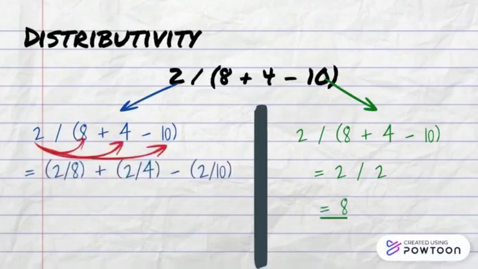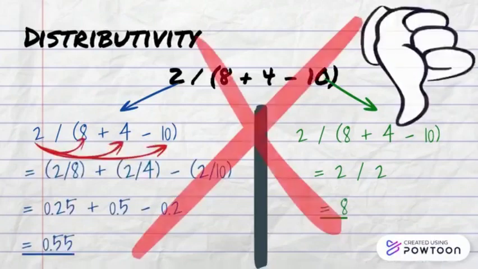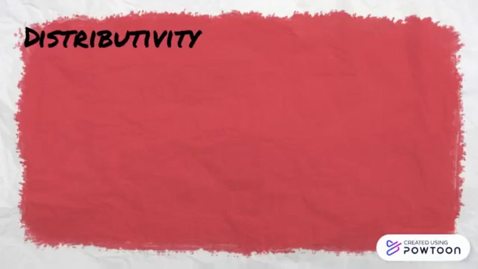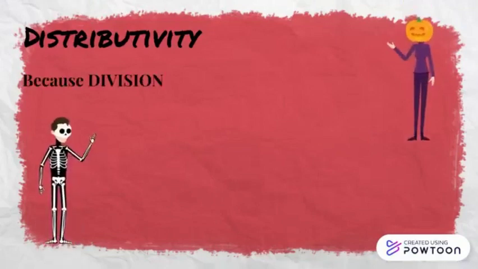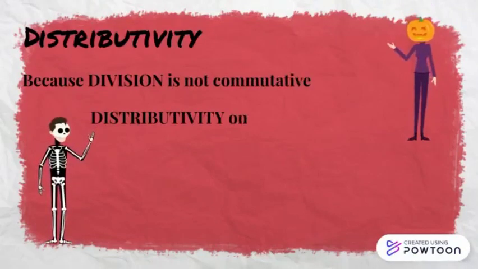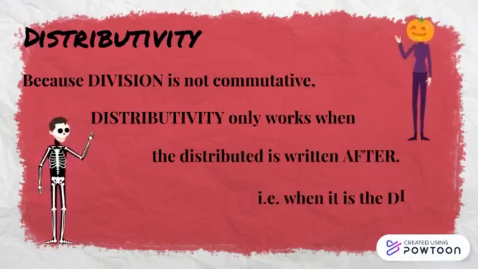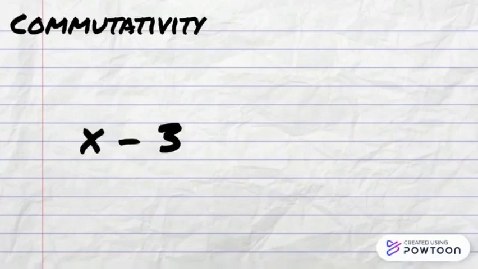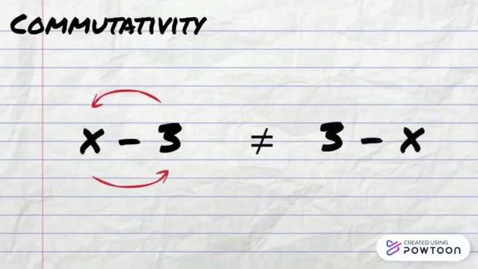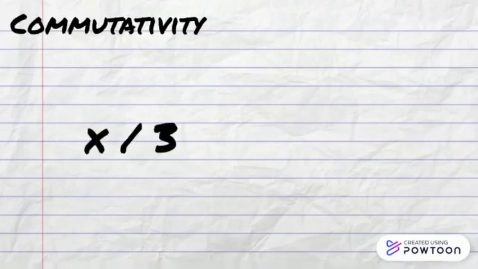The answer you get here is incorrect. This is because you've distributed the dividend rather than the divisor. Division is not commutative, so the position of the divisor as opposed to the position of the dividend does matter. So distributivity only works for division if you are dividing by the number that you are going to distribute.